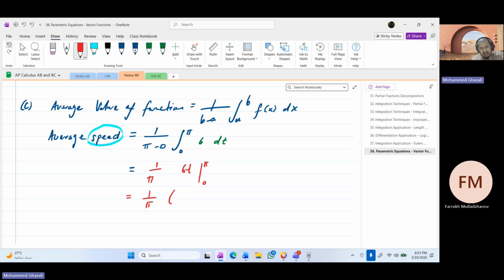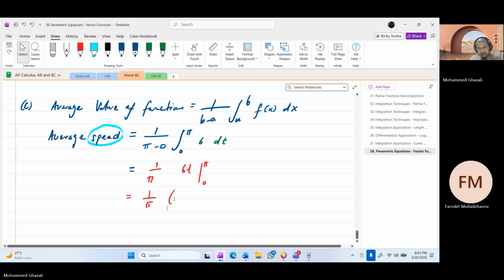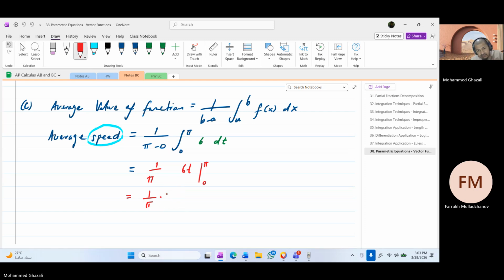You can take out a 6 as a common factor and just say pi minus 0, right? And you can see the pi and the pi cancel out. So average speed is just still 6. Are we good? Yeah. That's it. Your average speed is still 6.